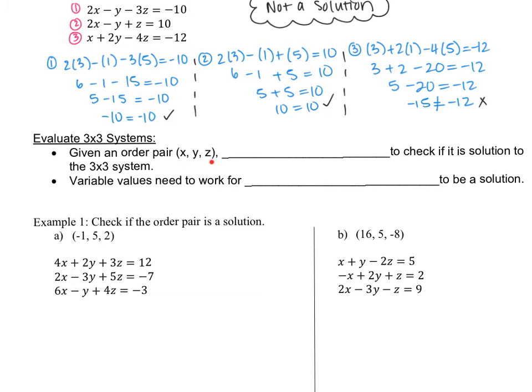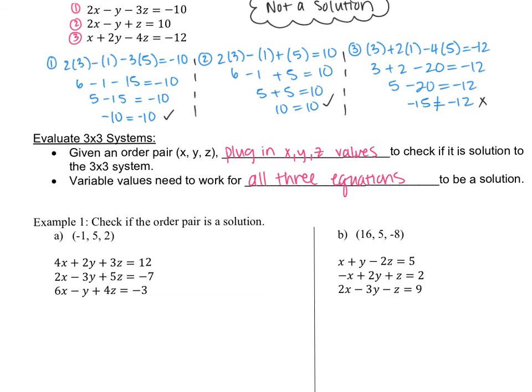Typically, you're given an ordered triple, so an x, y, z coordinate, and what you have to do with it is plug in your x, y, and z values into the equations to check if it's a solution to the 3x3 system. And the variable values need to work out for all 3 equations in order to be a solution.